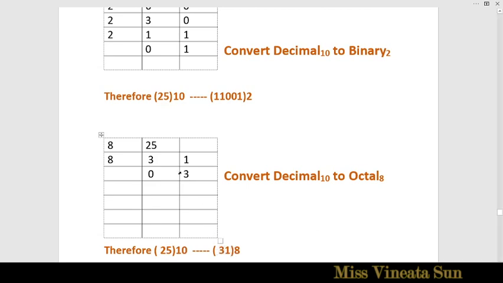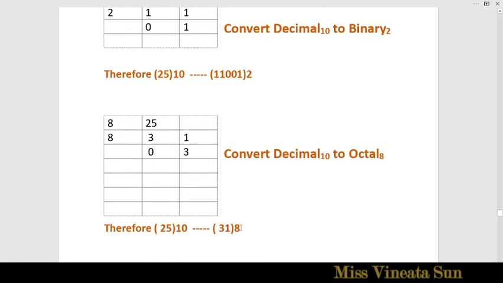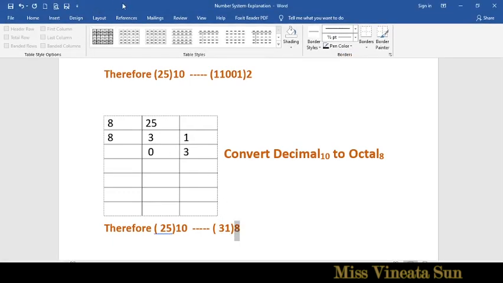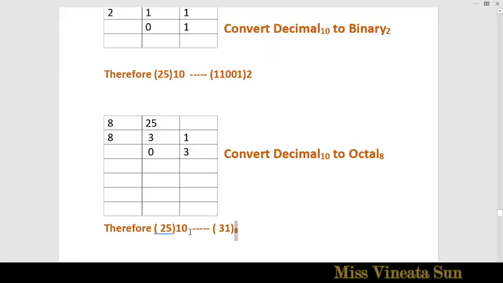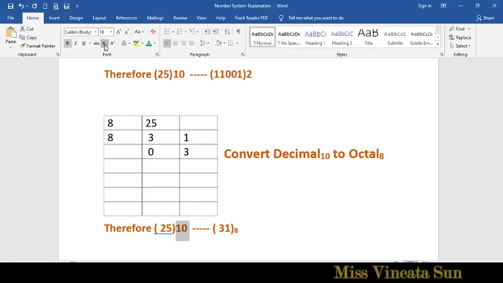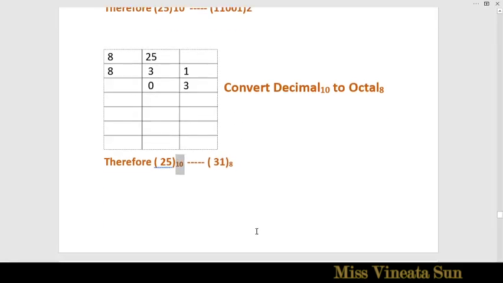We take 3 then 1. So there you have the octal number 31, which is equivalent to 25 in decimal.